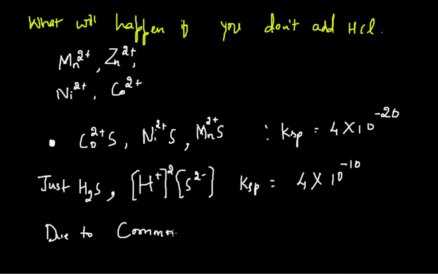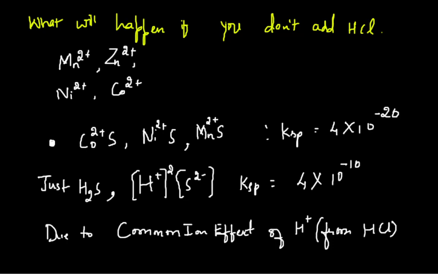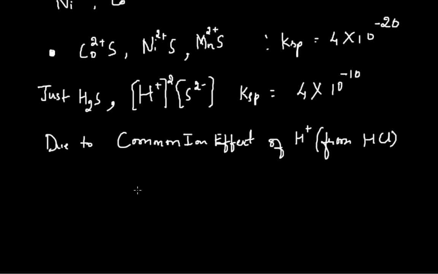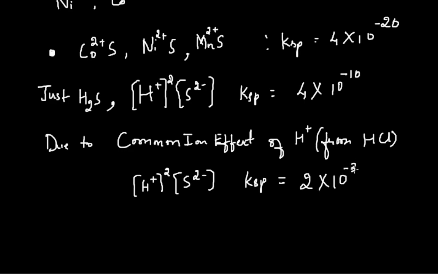Due to common ion effect arising out of H plus, that is from HCl, the solubility KSP is brought down to 10 to the power of minus 30, which is just sufficient for precipitation of group 2 cations. So only group 2 cations will get precipitated.